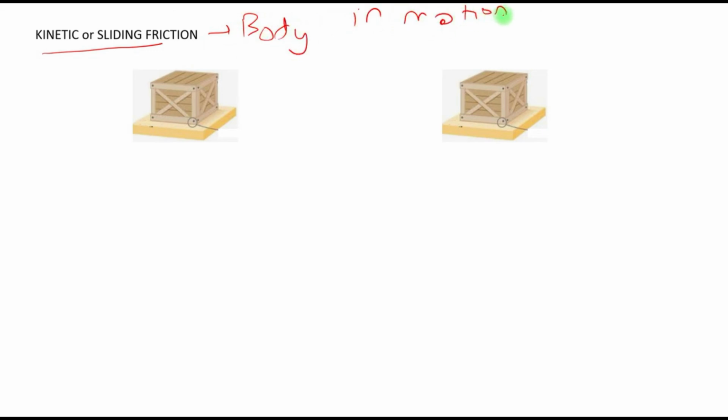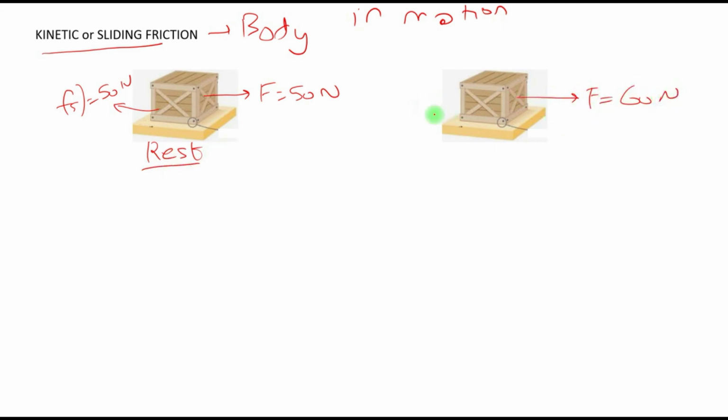Now please pay attention here, this is critical. If the applied force was 50 newtons, the friction applied was static and its maximum value was 50. So it is at rest. If I increase the force even further, to 60, the friction being applied is what we call Fk, the kinetic or the sliding friction.